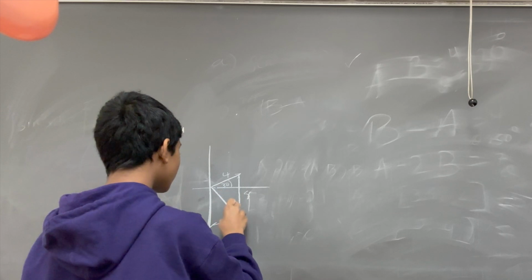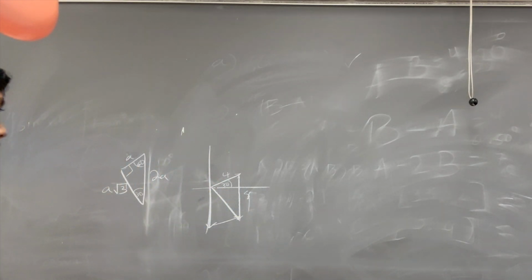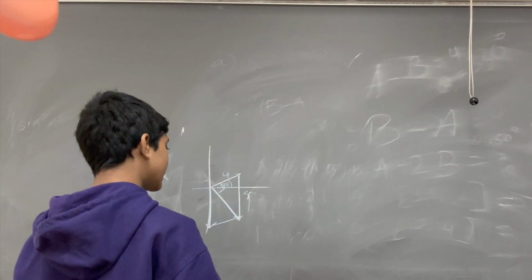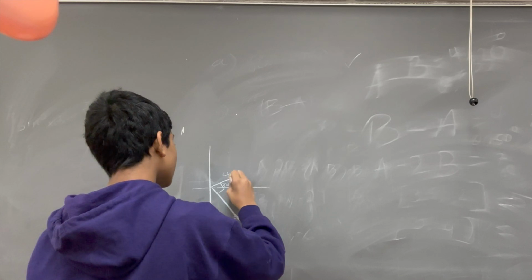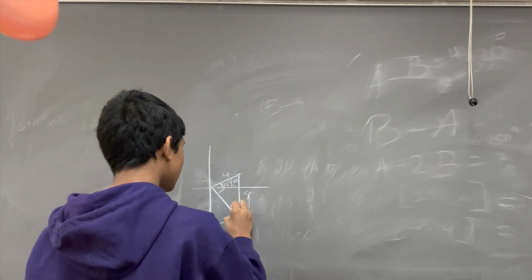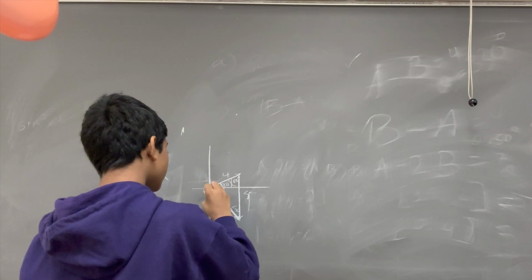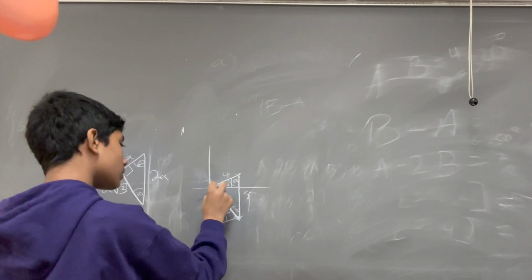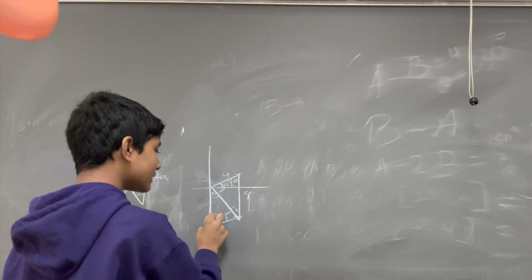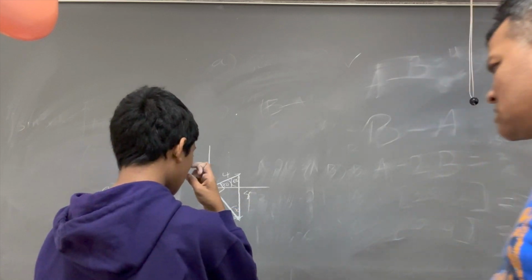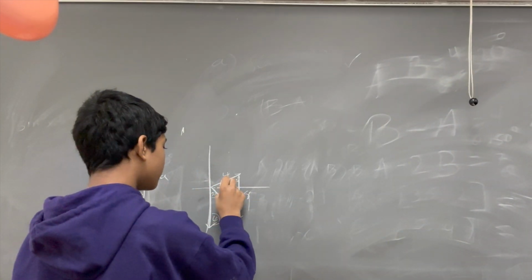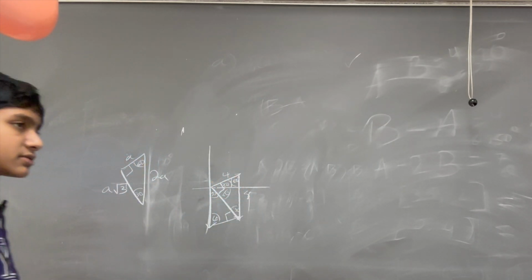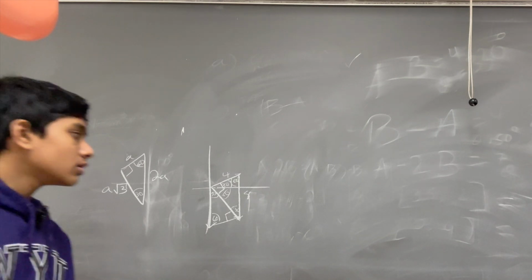So when we draw this line right over here, we can safely say this is a right angle. This is 60, this is 30, this is 30, this is 60. Since this is 30 and this is 90, 90 minus 30 is 60, which gives us the negative 60. So it gives us the same answer.